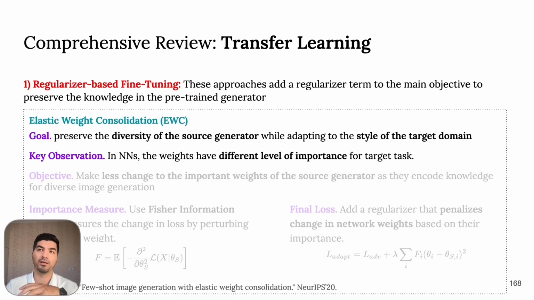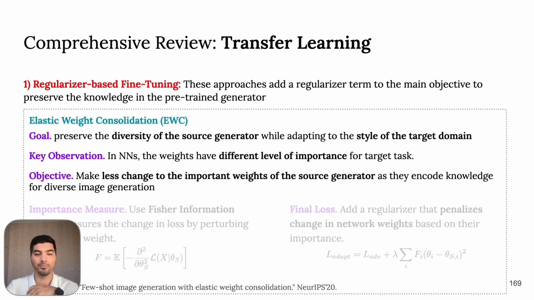And there are remaining weights which are not that important. If you discard these weights, the performance of the network won't be affected that much. This is also the basis of approaches like weight pruning or network compression. They usually prune or compress the weights which are not that important. And EWC wants to use these concepts for few-shot image generation.